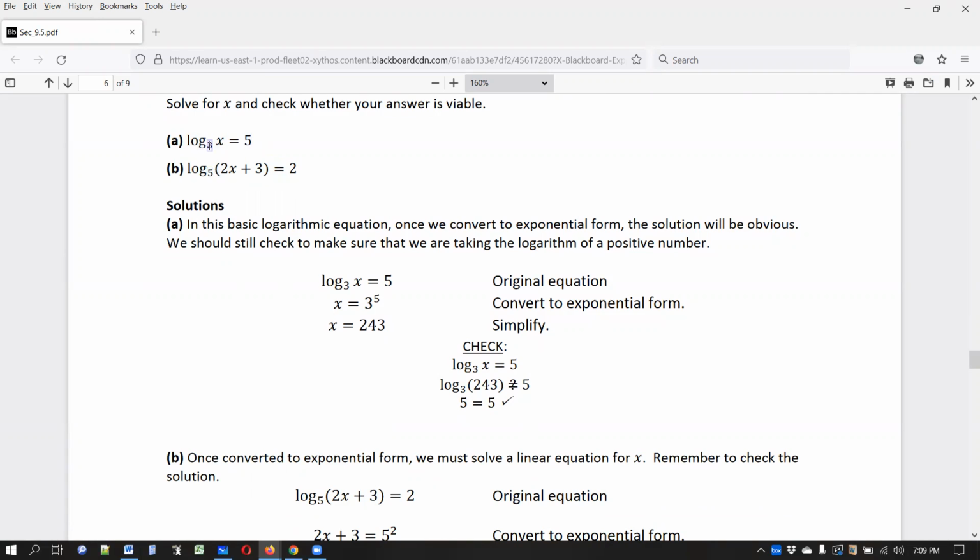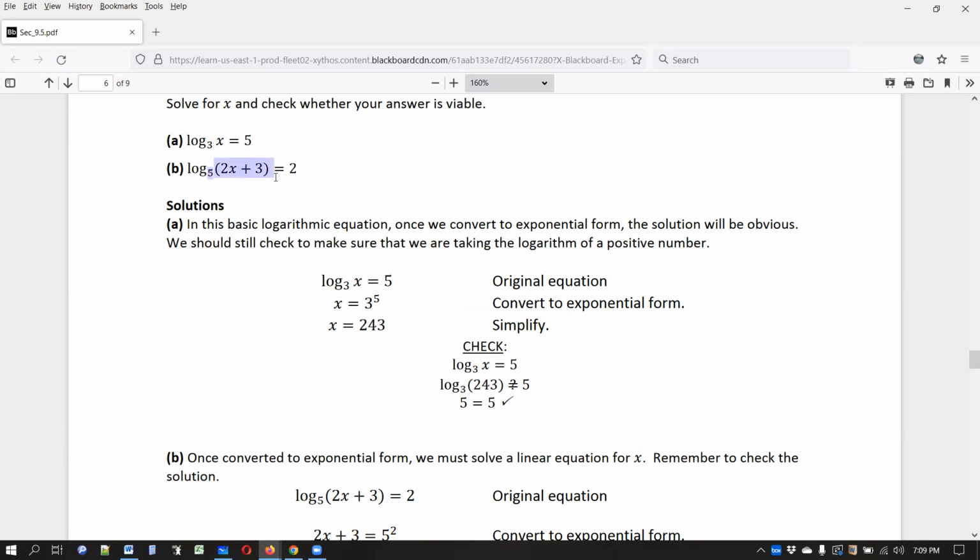This number here, the base of the log, is going to become the base of the other number on the right side. Meaning what? I am going to end up with x equals 3 to the power of 5. And then all I have to do is evaluate 3 to the 5th.